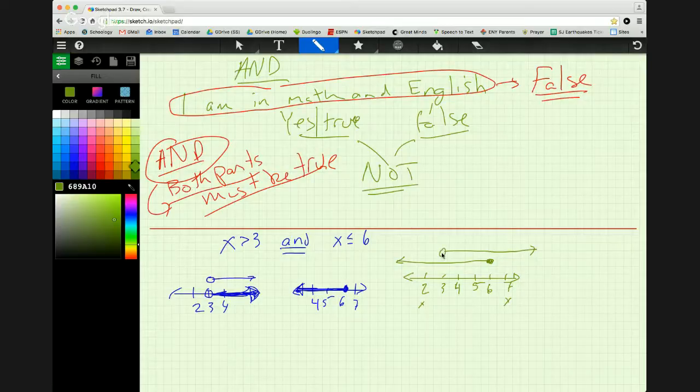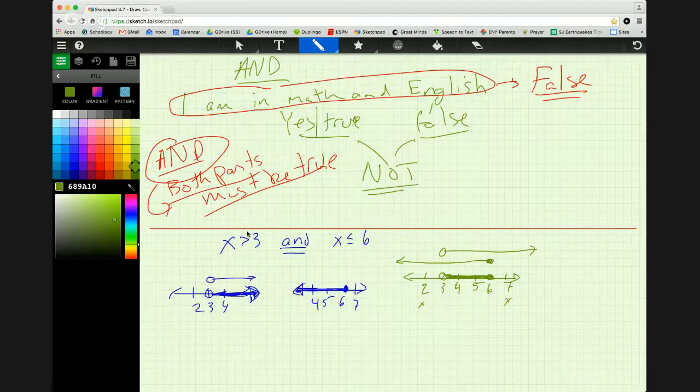At 3, the top one isn't a solution, but the bottom one is. So we're going to put an open circle here. Now at 6, both of them are true. And notice everything in between, both of these things are true. So there's a nice and for you.